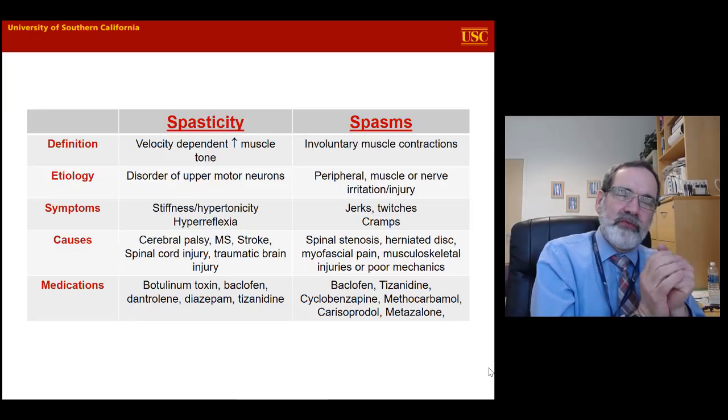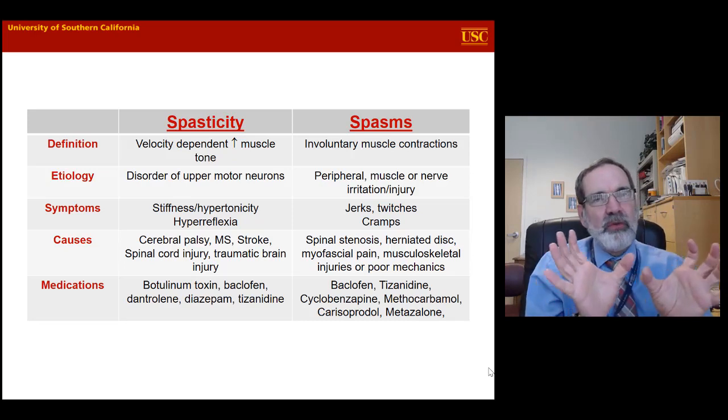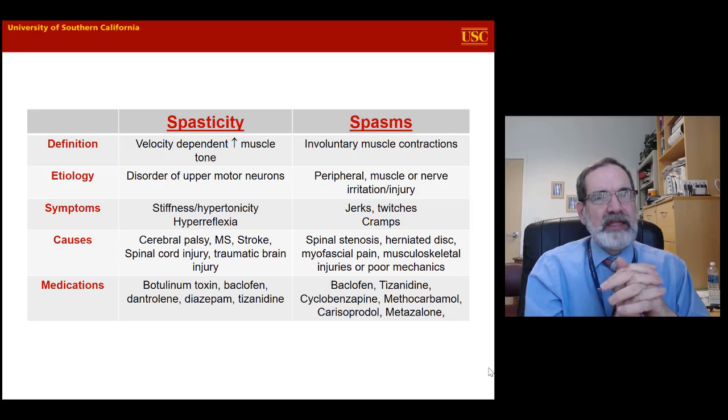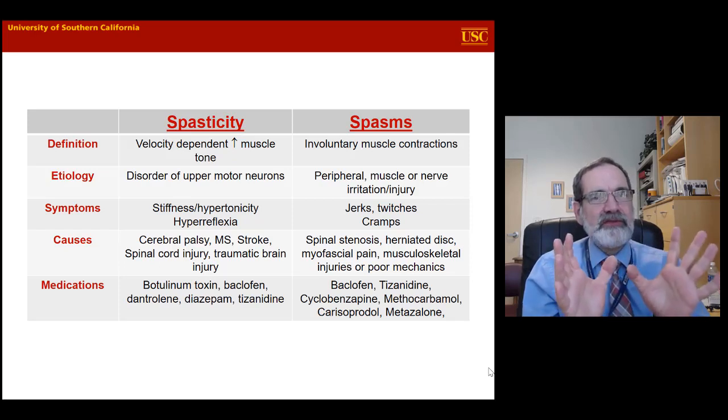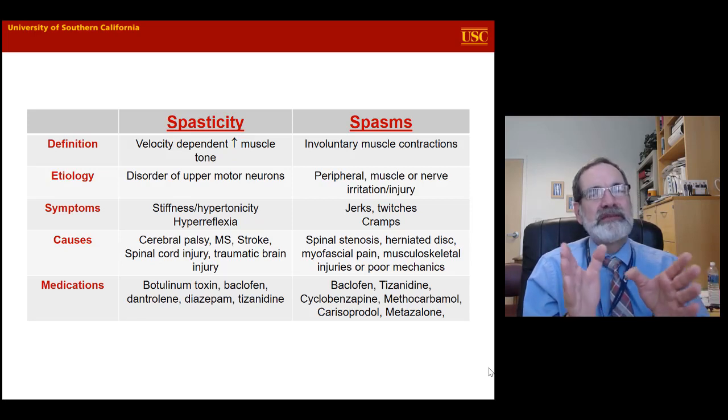Okay, so when we're thinking about muscle relaxants, we should think about what kinds of problems we are addressing. There are really two different classes of issues. One is spasticity, and the other is spasms.